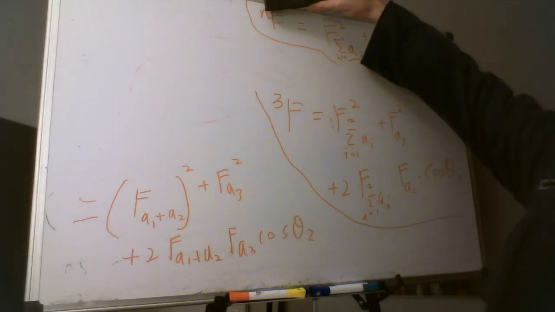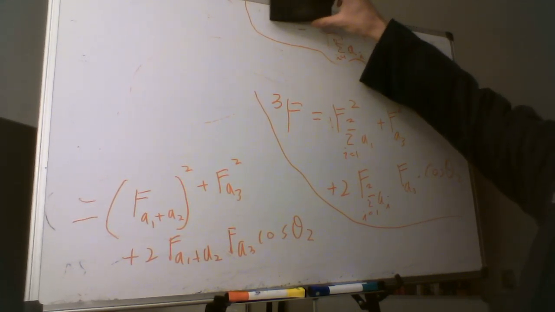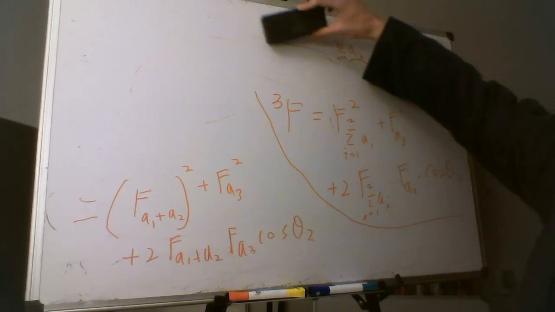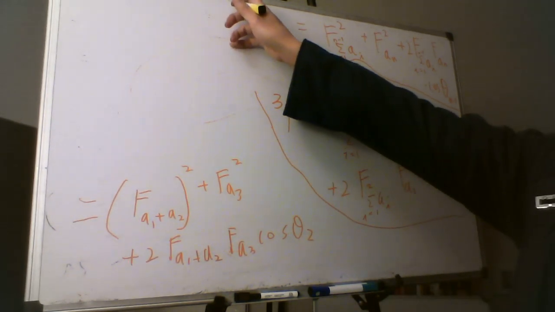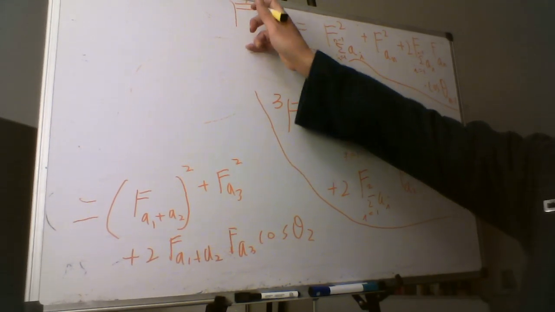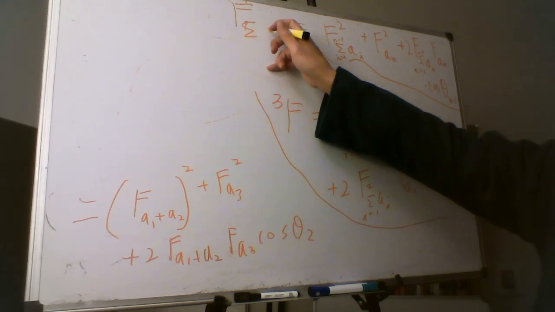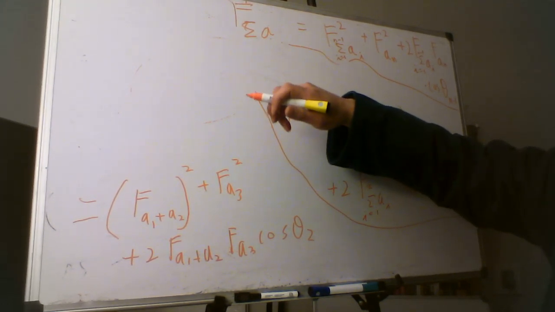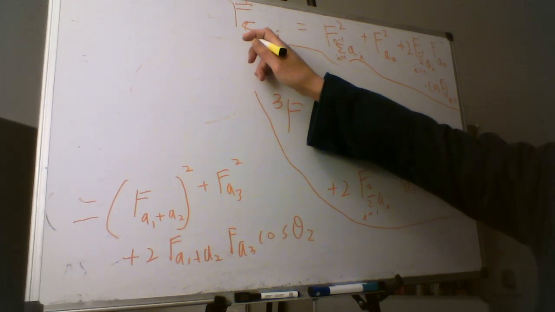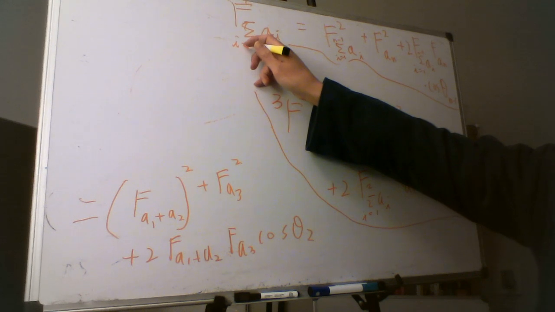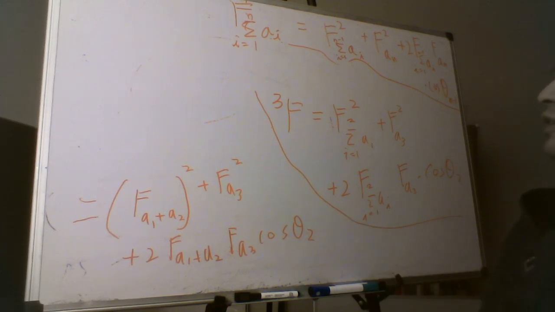Instead of writing f of n here, what if we write this as, we may have gotten it, f of sigma a_i, i equal to 1 to n. How about that? Then I think it works.